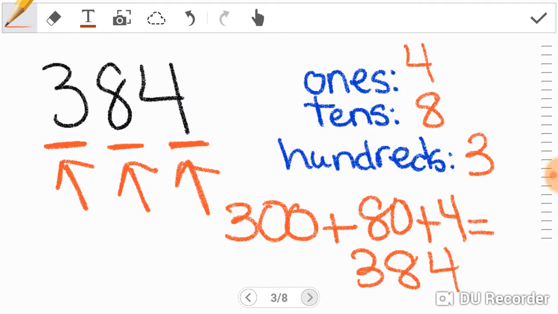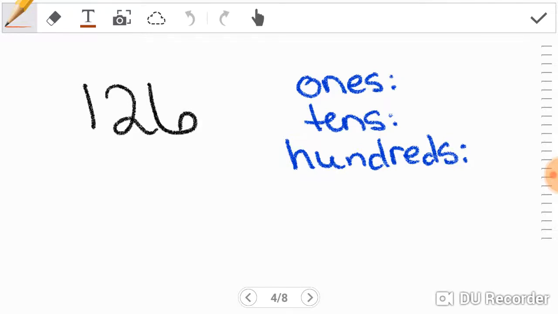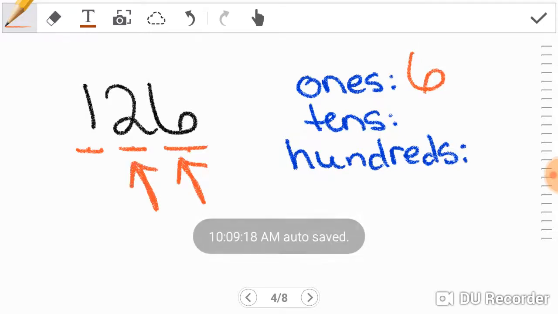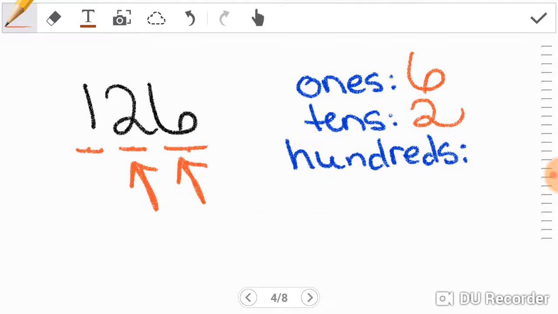Let's look at another three-digit number. Now we have 126. Again, it's 3 digits, and each digit has a place and a value. In our ones position, or place, we have a 6. In our tens position, we have a 2.